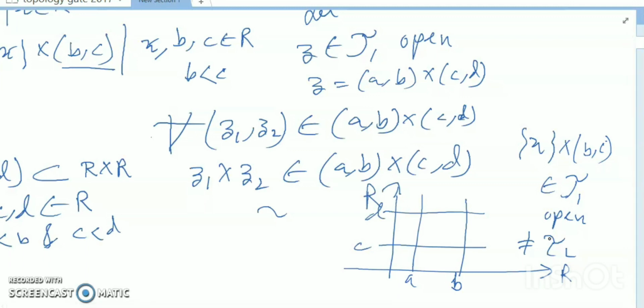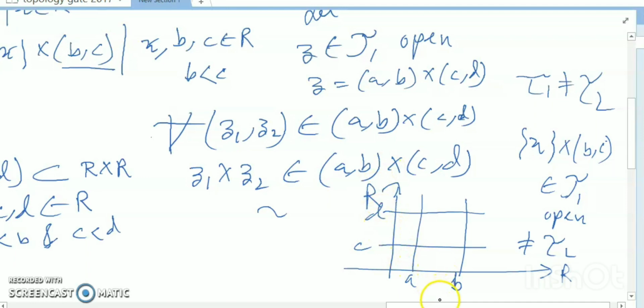So friends, in this way we can say that tau 1 does not equal tau 2.